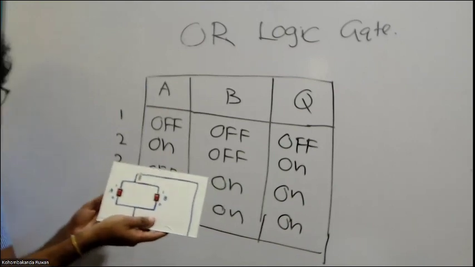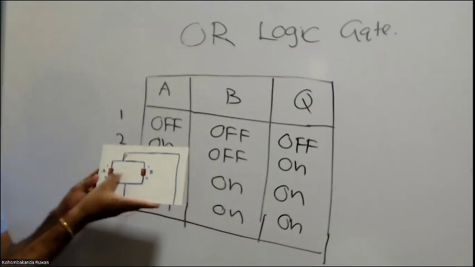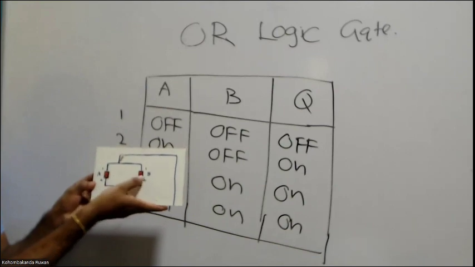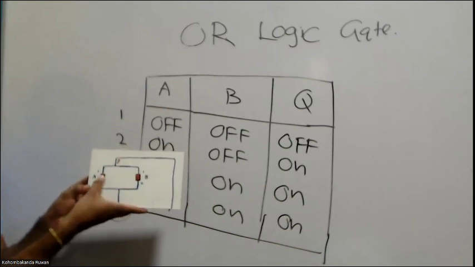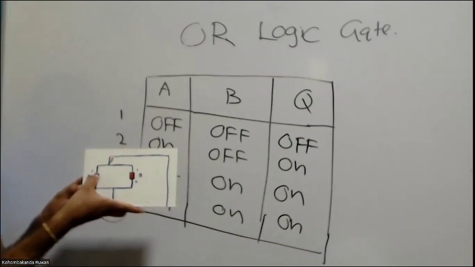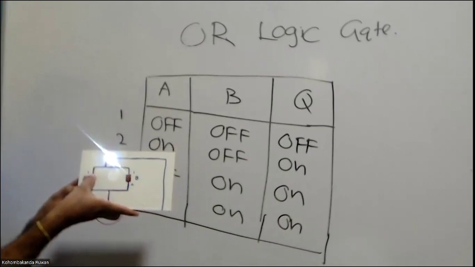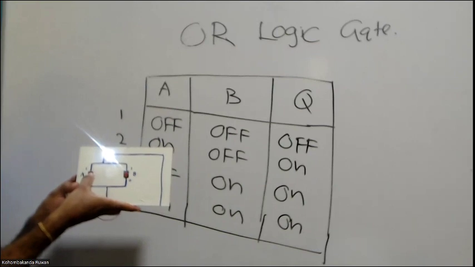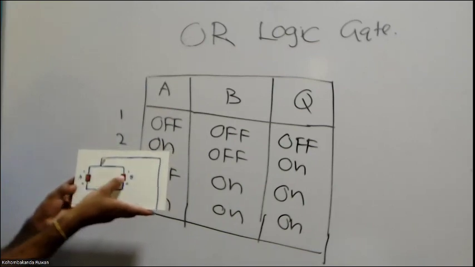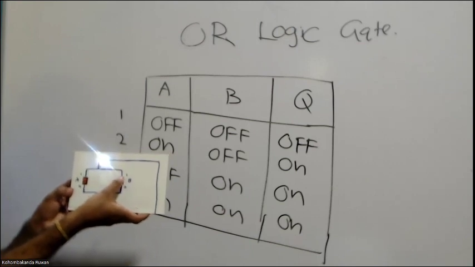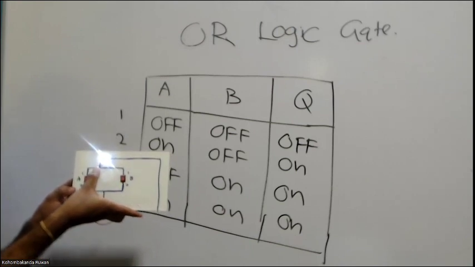Look at this. This is the electronic circuit. Now both are in the 0 state, that means off state. If I switch on A, now you can see the bulb is on. Then again I will switch off A, then switch on B. Again you can see the bulb is on.